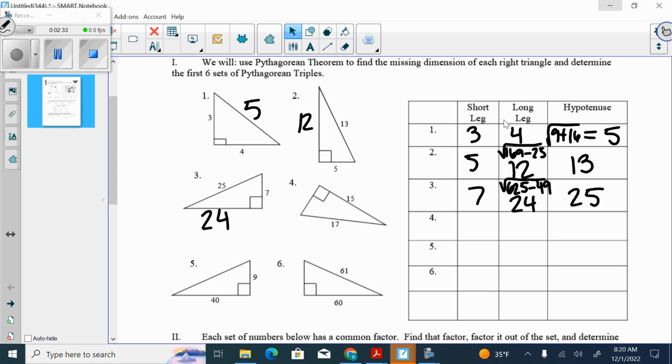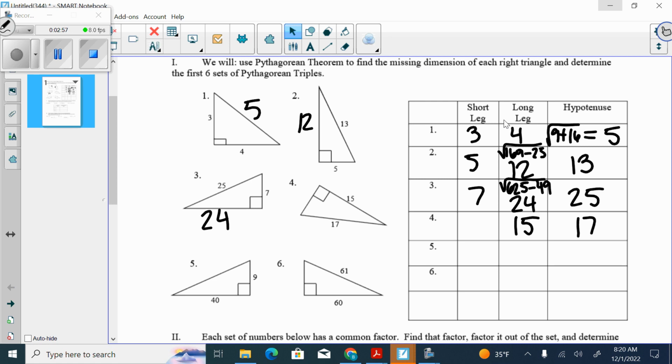All right. For number 4, do we know the short leg this time? No, that's the piece we don't know. What's the length of the long leg? 15, and then the hypotenuse is 17. So again, to find this, we would need to subtract, right? So we would need to do 17 squared.